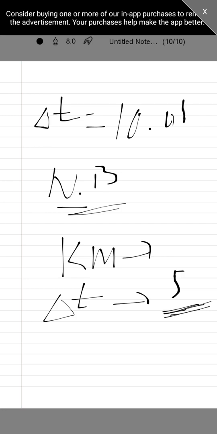Even if we had converted to meters, we would have got the same answer. What is important is that at the end we ended up with a correct unit. So this is the time it takes for the silver spaceship to overtake the black spaceship.